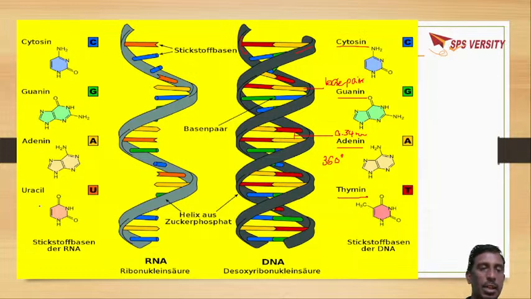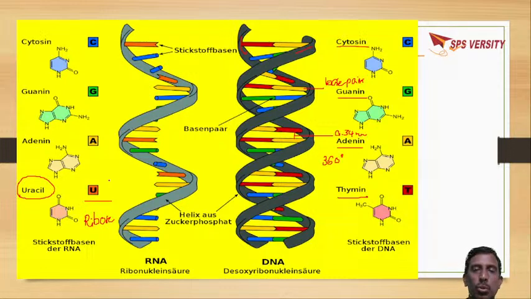The remaining bases, cytosine, guanine, adenine, are common and present in both DNA and RNA. So in RNA, instead of thymine there is uracil, and the sugar is ribose sugar.